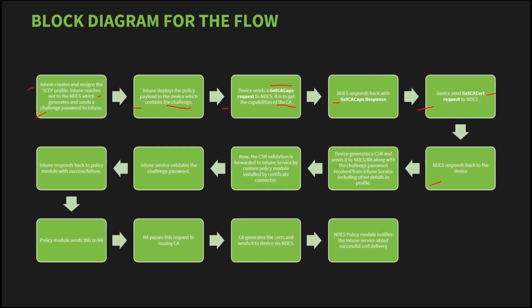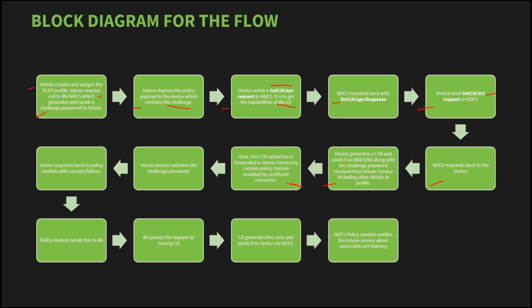The NDES server responds back to the device with the RA certificates. Now the device is going to generate a CSR. The CSR is going to contain everything that was there in the SCEP profile, like the subject name, subject alternative name, the URL, the validity, and the challenge password. It's going to encrypt it using one of the RA certificates.